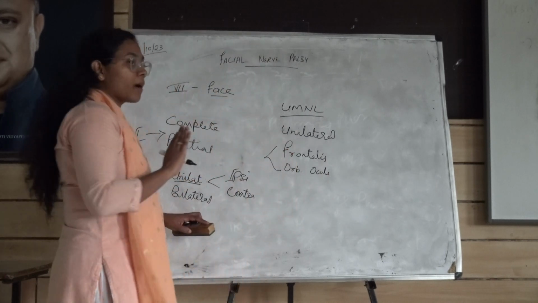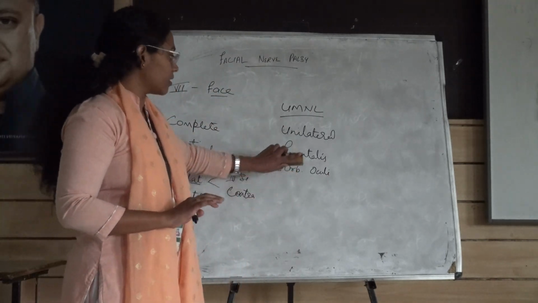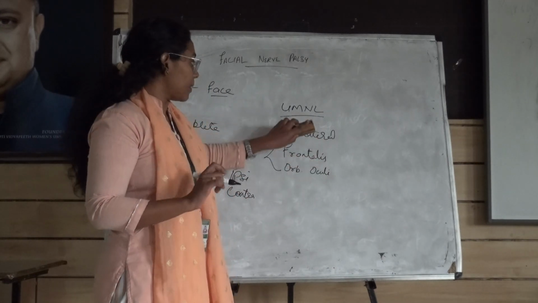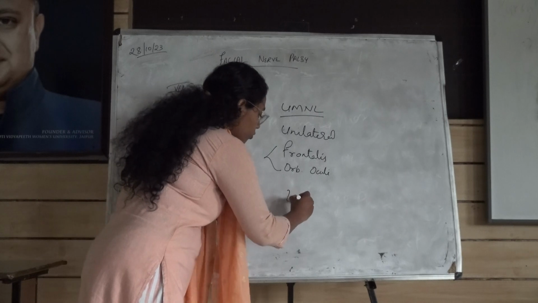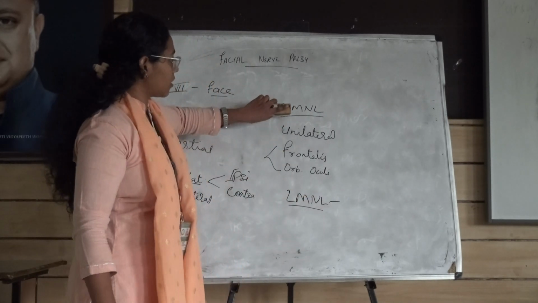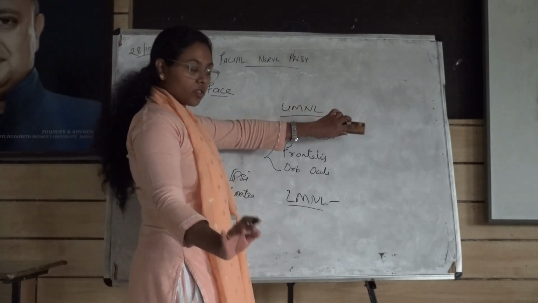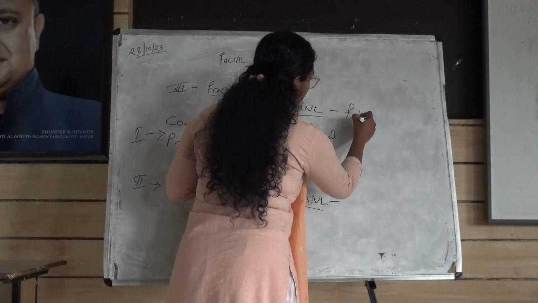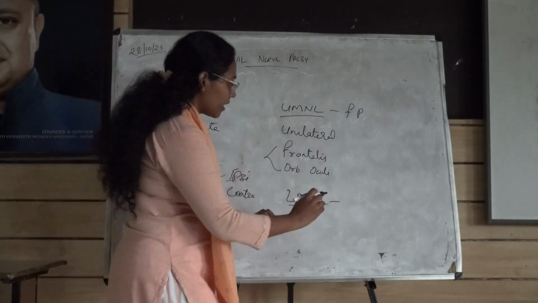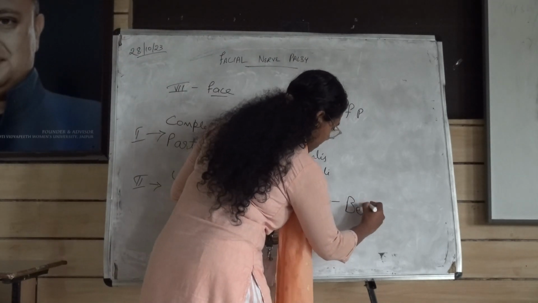These two muscles are partially affected, like their actions are partially affected. An upper motor neuron lesion is generally termed facial palsy. But if we talk about a lower motor neuron lesion, it is Bell's palsy.